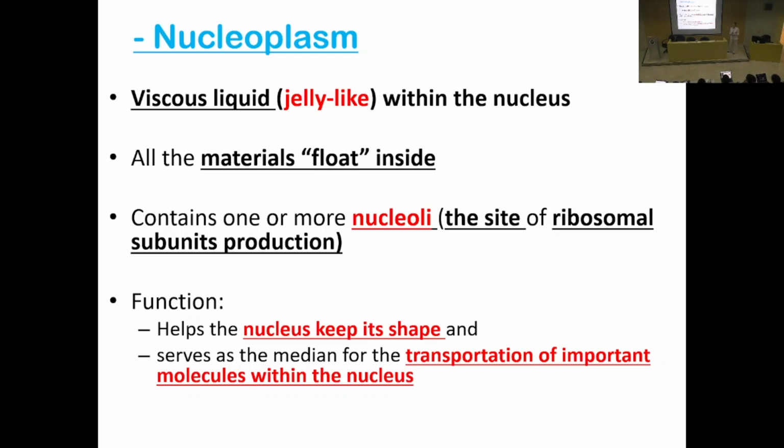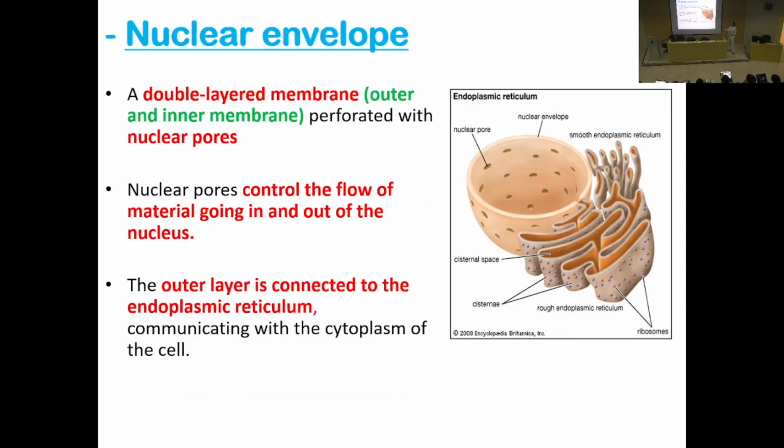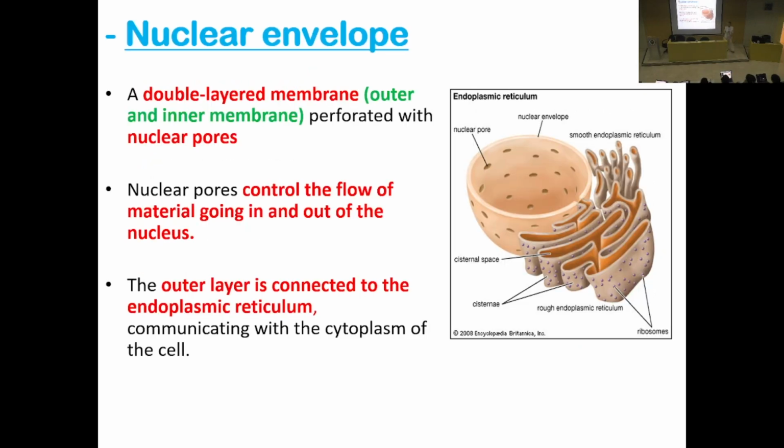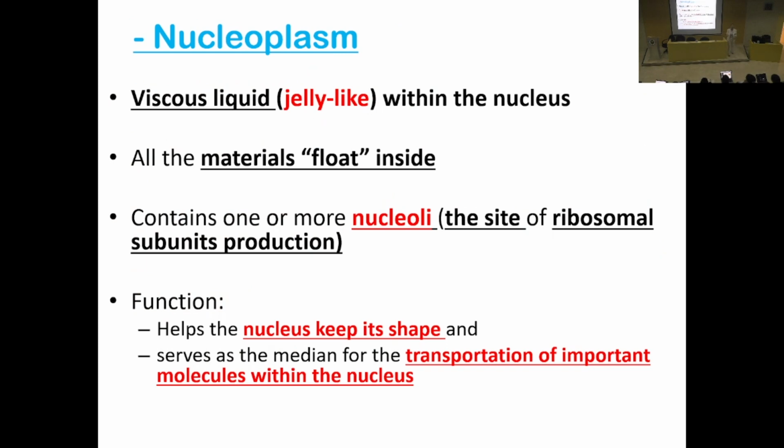Inside it is the chromatin, and it also has the nucleoli that we saw here, the nucleolus or nucleoli, and this is where we synthesize the ribosomes. Do you know what the ribosomes are? Yes, it's the site of synthesis of protein. Correct.